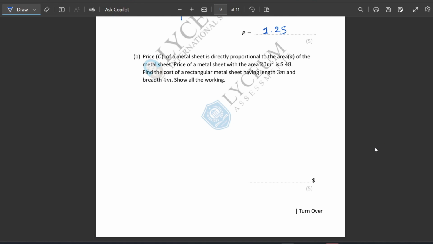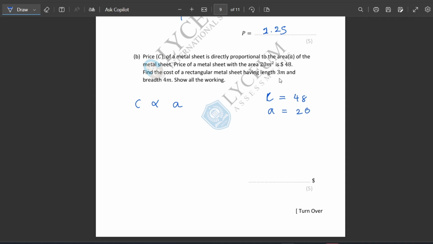And the B part: the price C of a metal sheet is directly proportional to the area of the metal sheet. The price of a metal sheet with area 20 square is 48.